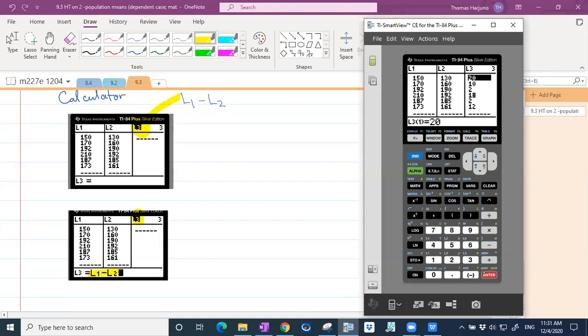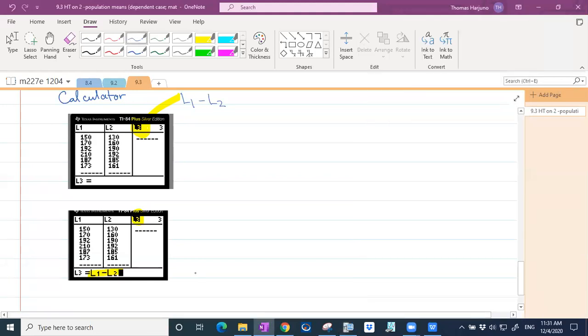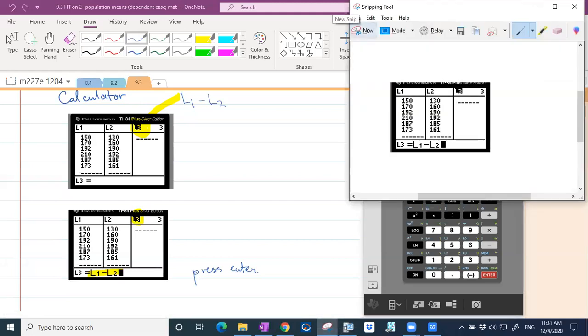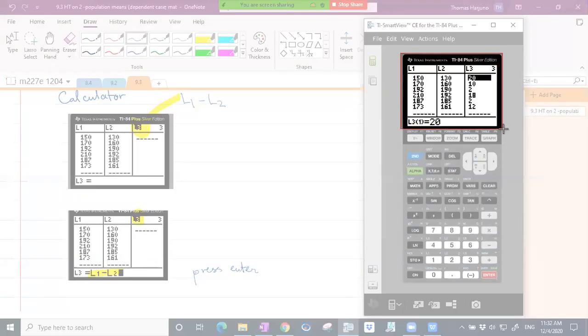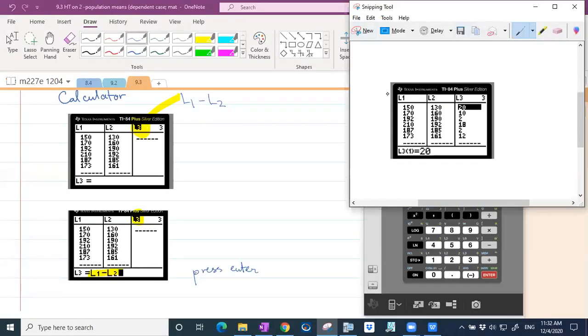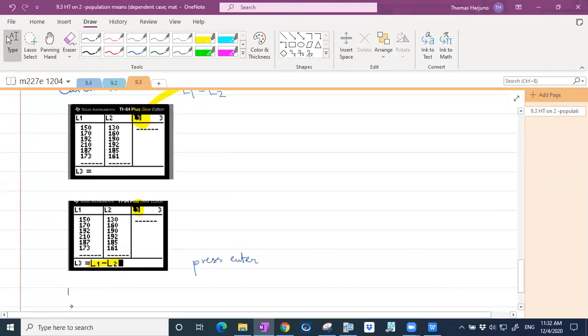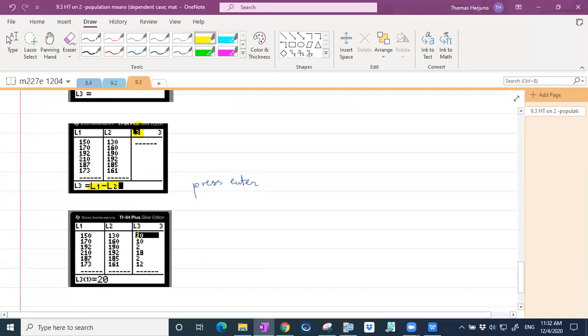It will fill it up for me. It will give you the differences. So we got all of these already.